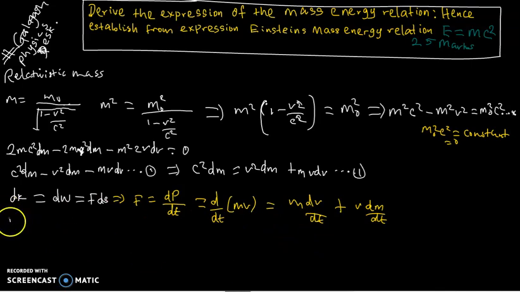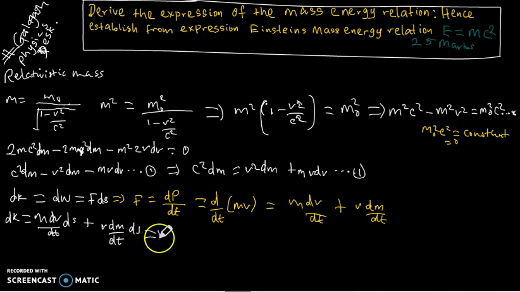Our dk is nothing but m dv/dt with respect to this small increase ds, plus v dm/dt with respect to that distance ds.